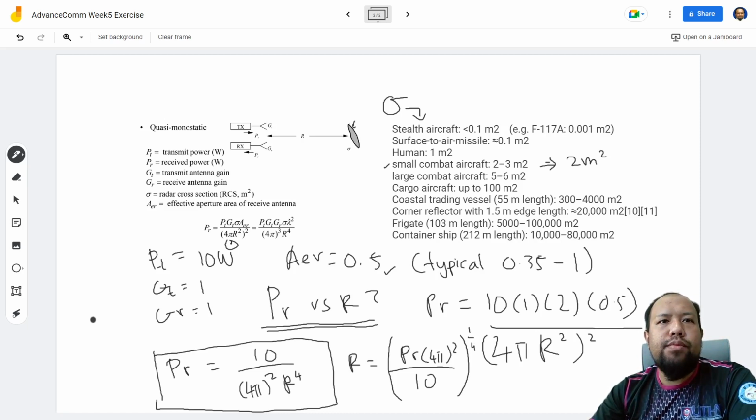This is the same as the fourth root, root of 4, power of 4.